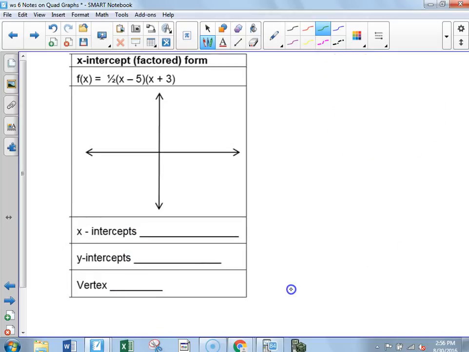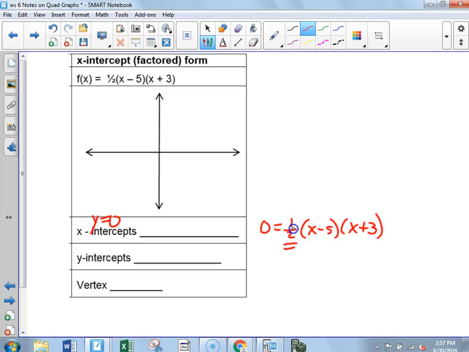All right, what do you think this one's helpful for finding? Okay, the x-intercepts, because it's in factored form. So for the x-intercepts, we just set y equal to 0. So we have 1/2 times x minus 5 times x plus 3. Where are the x-intercepts? Okay, does this 1/2 do anything?